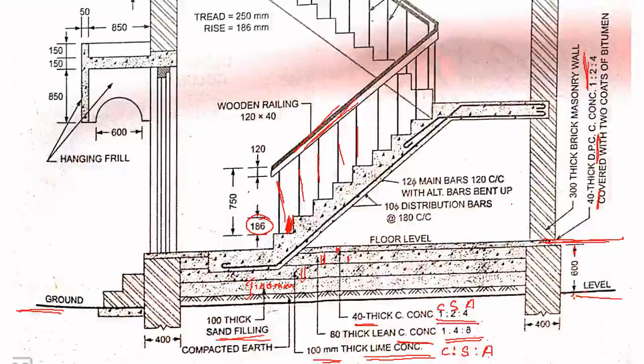The vertical distance of the riser is 186 mm. Now, the distance between this nosing and the handrails is 750 mm.